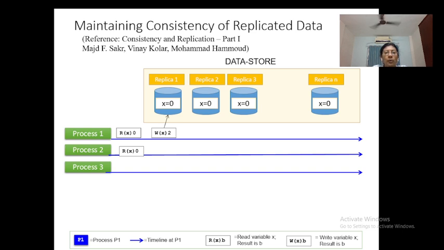Process 1 is updating the value of x to be 2. So now replica 1 has the value of x as 2. Now process 3 is updating the value of x to be 5.